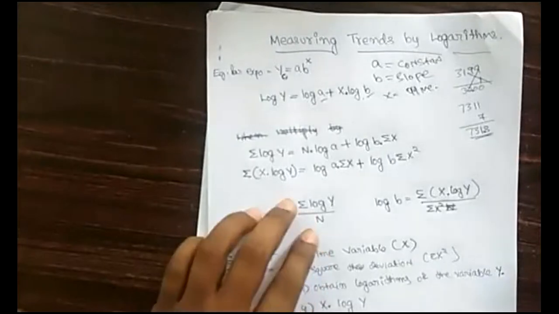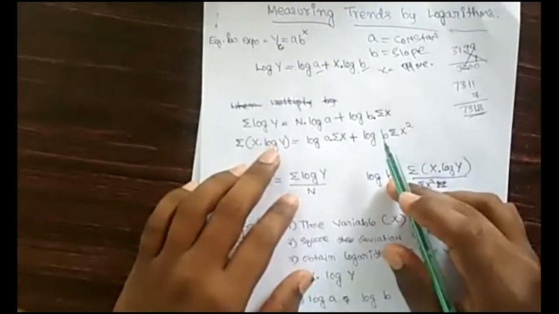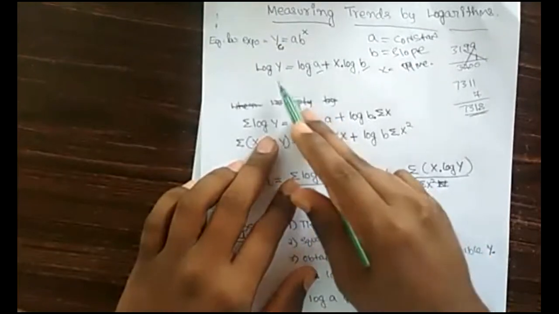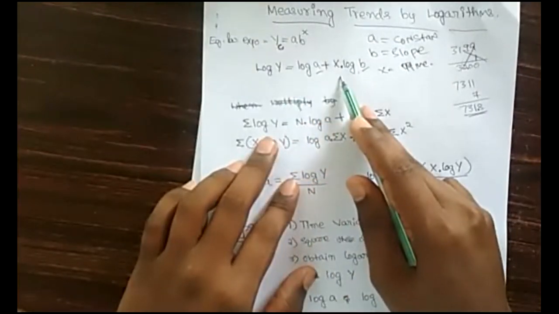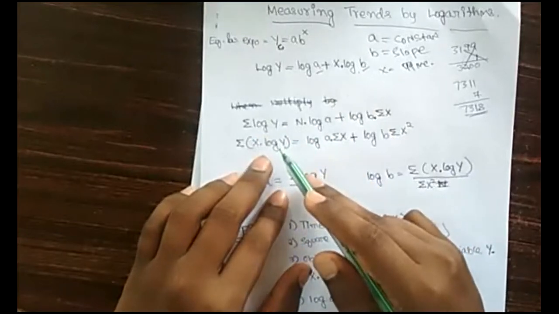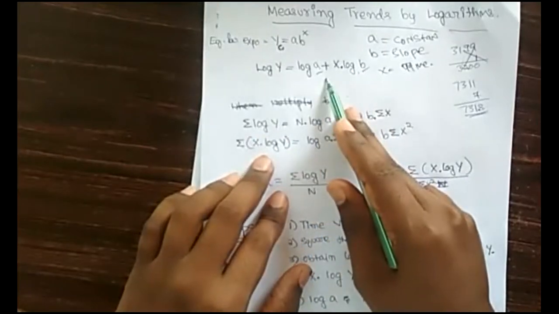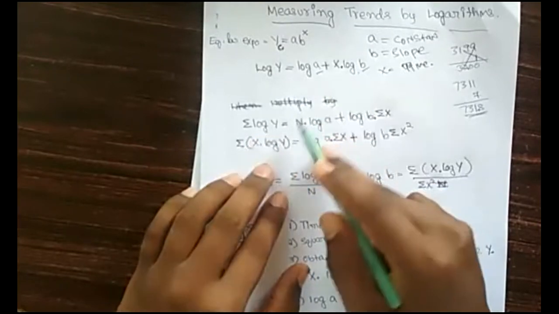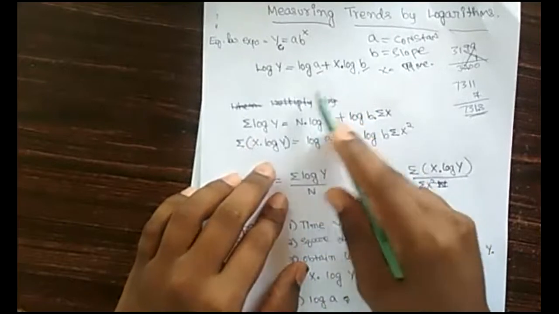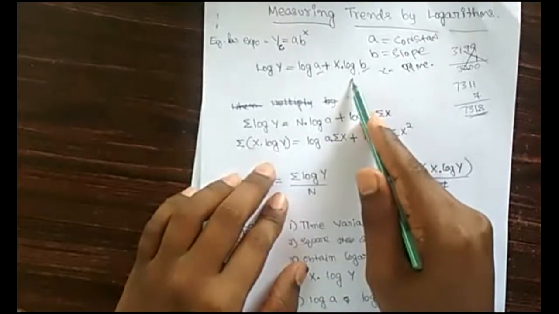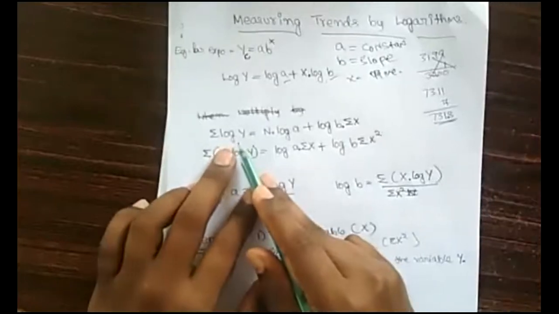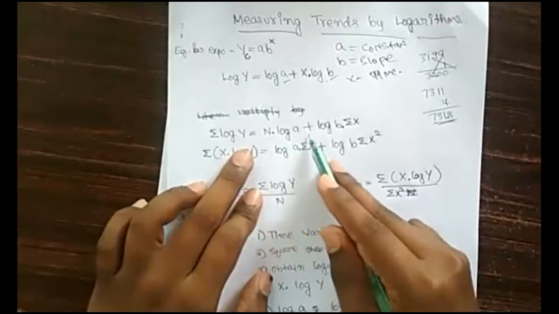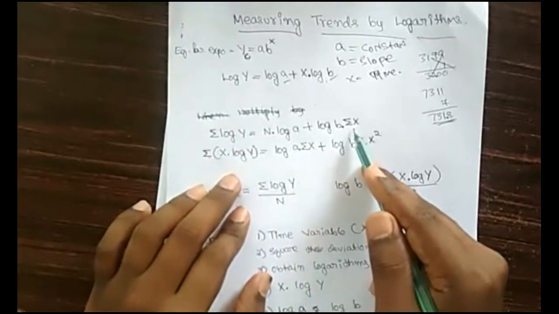So we can develop two equations: first, find the sum of this equation, and second, multiply sum of x into this equation. When you find the sum of the equation, we get sum of log y is equal to n into log a plus log b into sum of x.